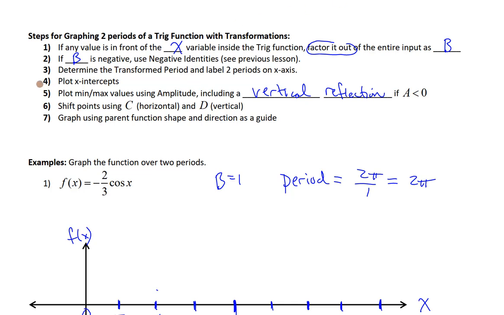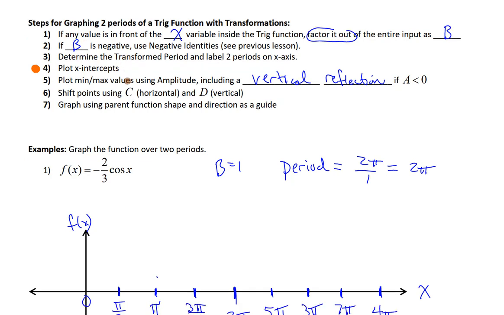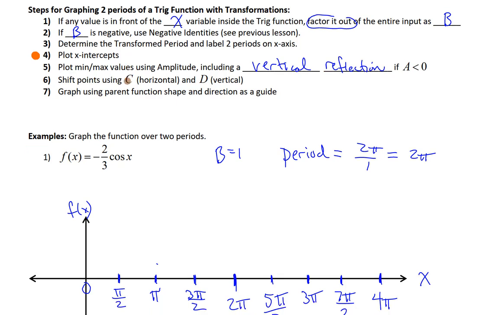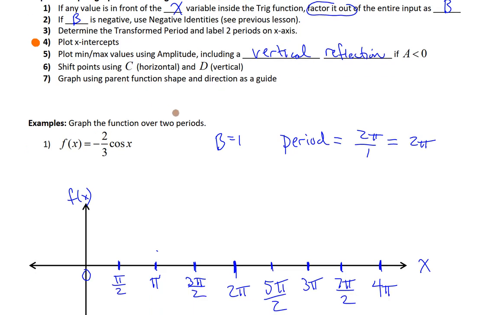You'll recall in our steps above that we want to get to the place where we can plot the x-intercepts in what I've called step 4. And actually, we've done all the way through step 3 at this point, so that's where we are. Which means we need to figure out, do we have enough on our axis to plot all the x-intercepts for cosine.